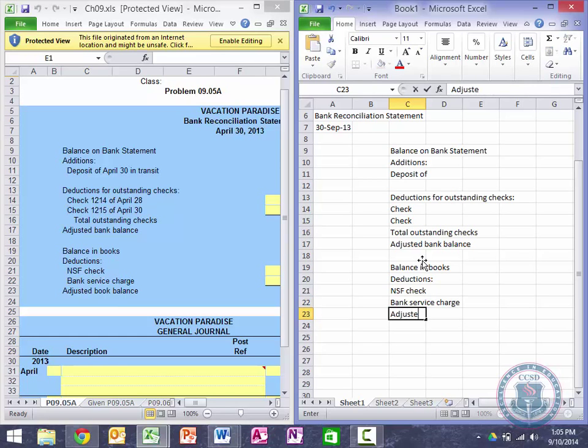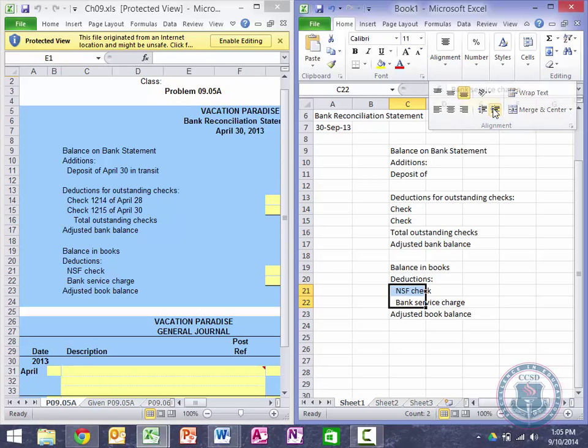And adjusted book balance. I'm going to go back in, and anywhere where it's indented, I'm going to try and do my indentation. So I'm going to indent once. I'm going to try and make it look as close to this one as possible. Indent, indent, whoops.